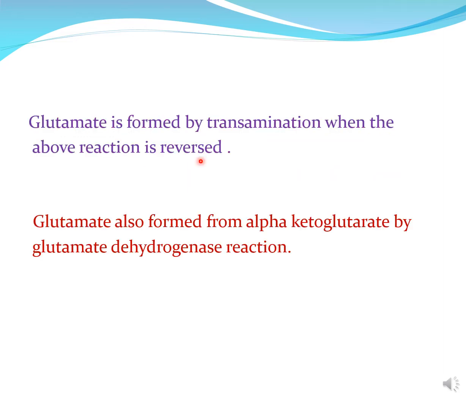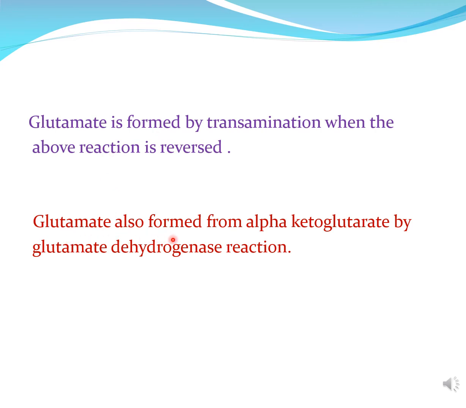Also, transamination can serve as a source for synthesis of glutamate. Glutamate can be synthesized in several ways. First, by the reverse of the AST or ALT reaction. Glutamate can be synthesized by transamination.